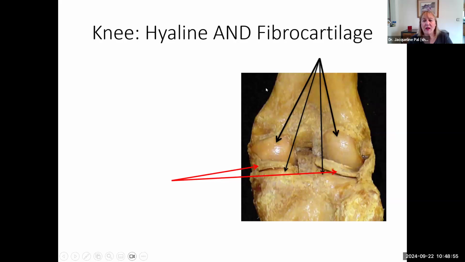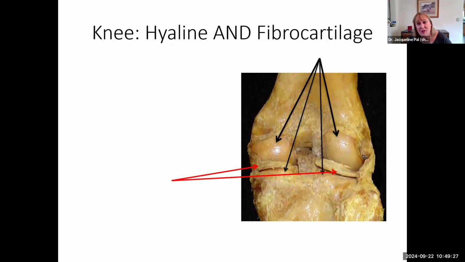So if we go back and we look at this, when I was showing you those pieces of hyaline cartilage, hopefully you were noticing that between those black arrows, you were saying to yourself, Dr. Pound, there's something between those black arrows, and I don't know what it is. I don't know what it looks like. Maybe wadded up toilet paper. And you should have been making a note to write me a message asking me what it is.